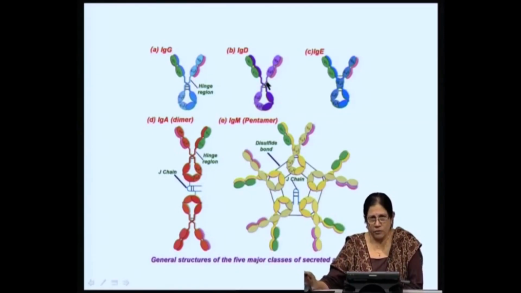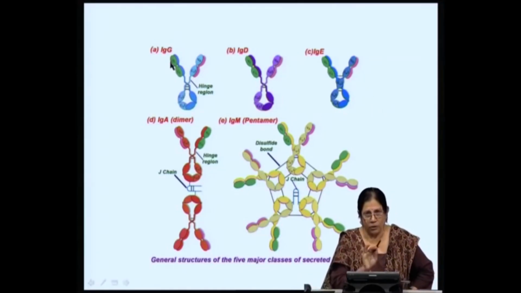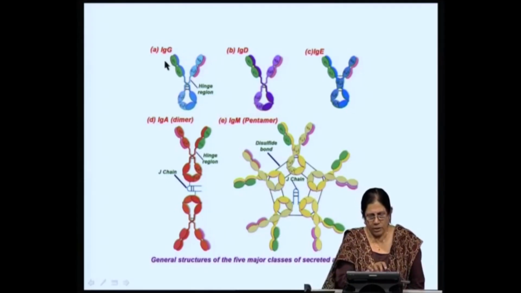There are 5 classes of immunoglobulins or antibodies. Are these similar? Are they identical? Obviously not. So, where are they different from each other? Before we come to the molecular level, let us just look at the domain organization. IgG and IgD are very similar to each other.